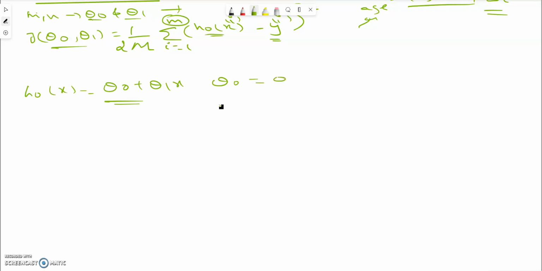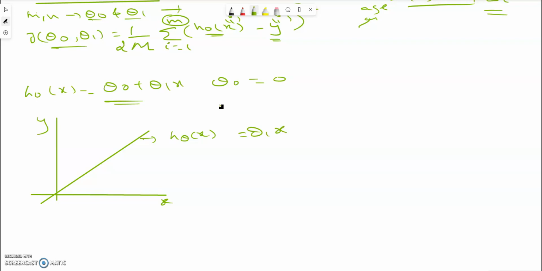Now for that equation, we can draw the graph between x and y, which passes through 0 because theta naught is equal to 0, which means 0 intercept, right? So this line we can write as h theta of x is equal to theta 1 into x. So this will be our equation.